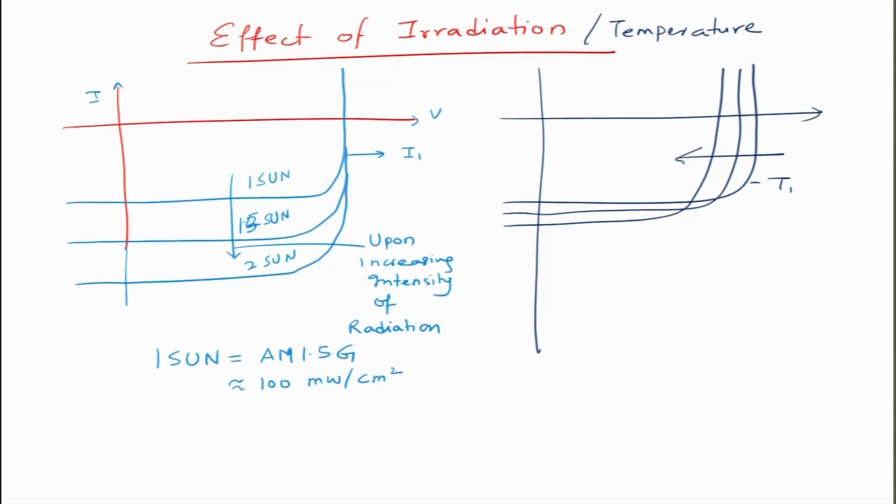This would be the direction of increase in temperature. This is how IV will change as a function of temperature, because you will be able to thermally excite a little bit more carriers as you increase the temperature. So, there will be some increase in the current, but it also leads to a change in the voltage, as we will see later on in the expression. This is what we discussed.